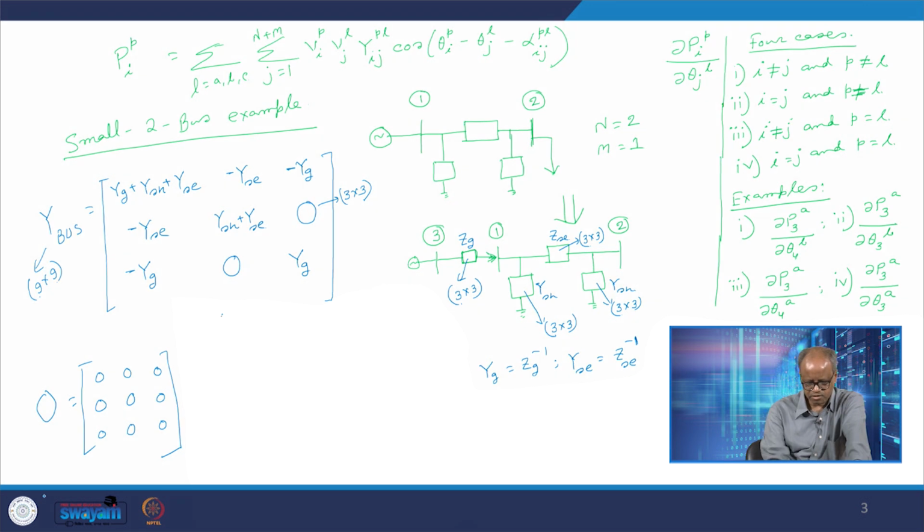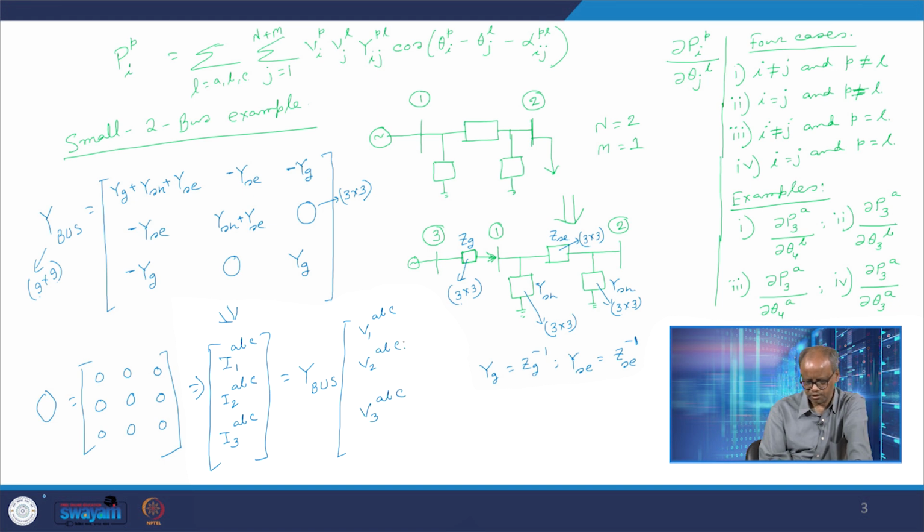Because this is Y bus, I can write that I1 ABC, I2 ABC, I3 ABC is equal to Y bus times V1 ABC, V2 ABC, V3 ABC.